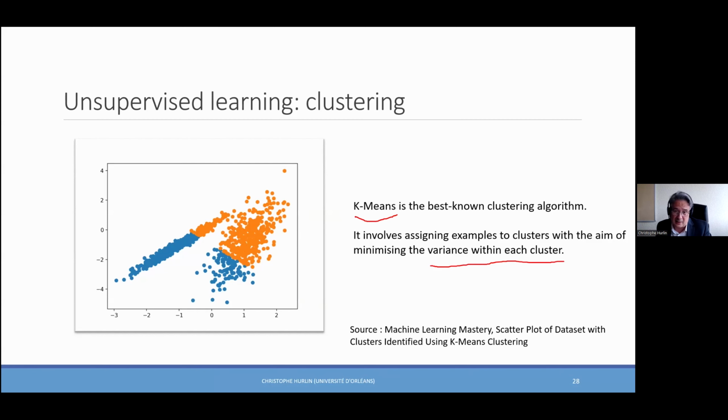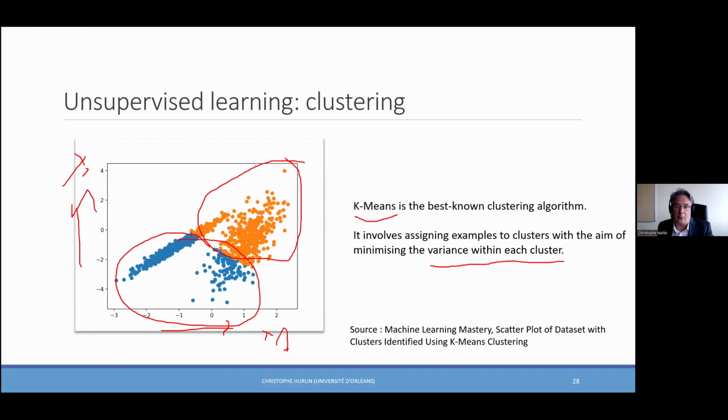The idea is, for instance, we have X1, X2, and we group all these units here in a cluster, and all these units here in a second cluster. And if I have a new data point, given X1 and X2, I will assign it to the first cluster or to the second cluster. This is the idea.